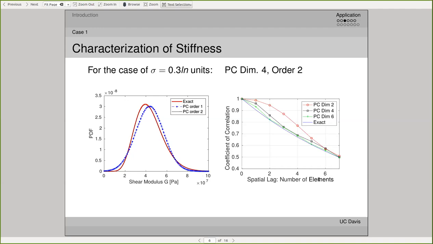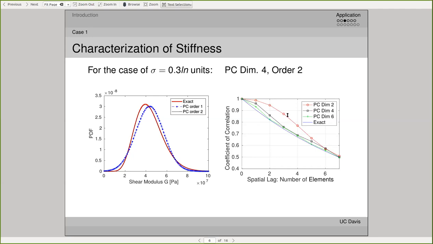On the other hand, we also need to determine how many dimensions of the polynomial chaos we should use. Here we are checking different dimensions of PC: dimension 2, dimension 4, and dimension 6. We found that with PC dimension 2 there is still a noticeable difference.